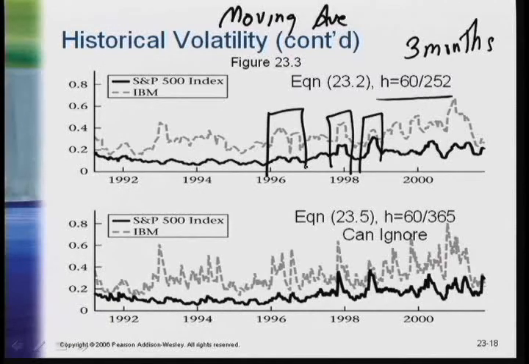And finally, we'll make the observation that not only does IBM, or an individual stock, have a greater volatility estimator than, say, a market index like the S&P 500, but the variability of that estimator is greater. If you look at how much the graph of the IBM volatilities vary, you can see that they go from a low of roughly, looks like about 18% here, and up here it looks like it's about perhaps 60% or more.